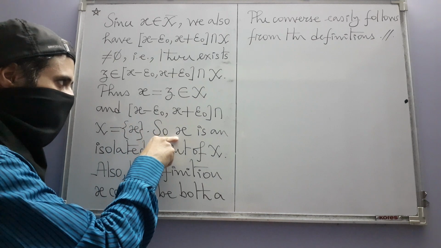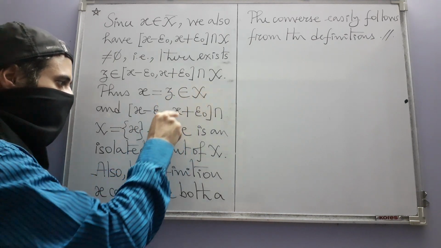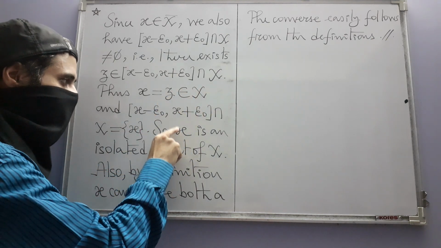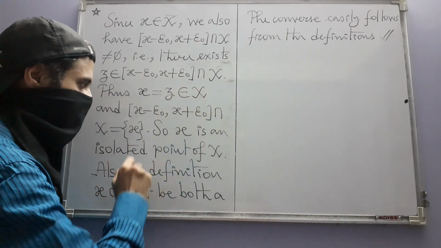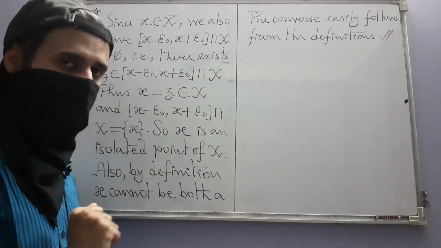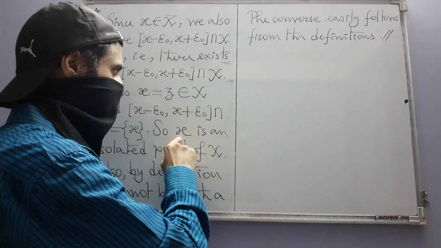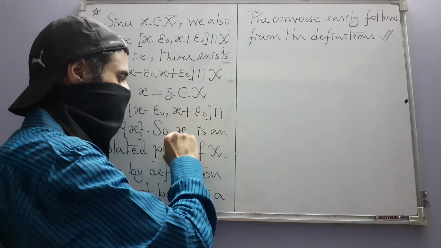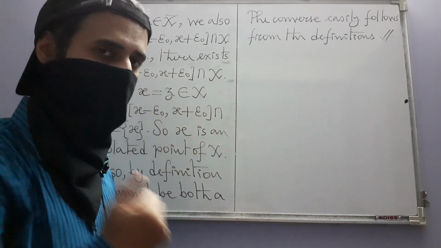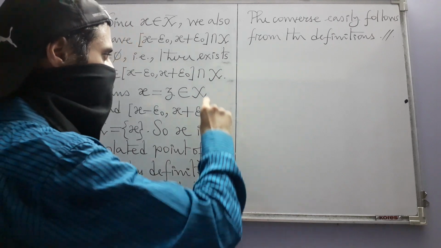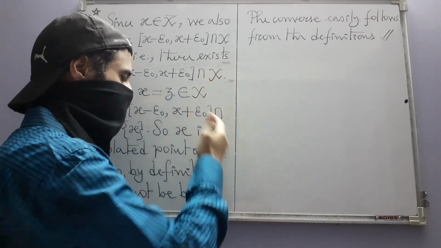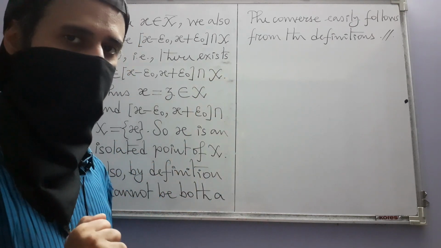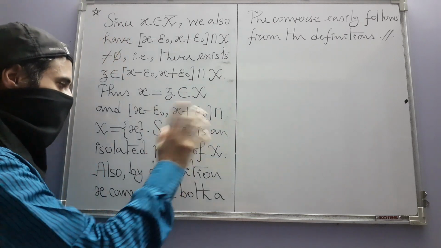If x is an isolated point of capital X, then by definition x is also an element of capital X, and then some other condition is true, right? Now, being an element of capital X, x is automatically an adherent point, because we know that the closure of X contains X as a subset.